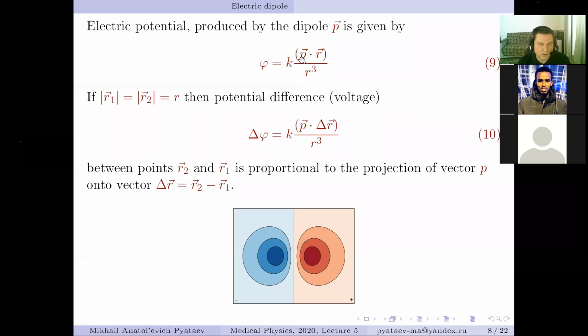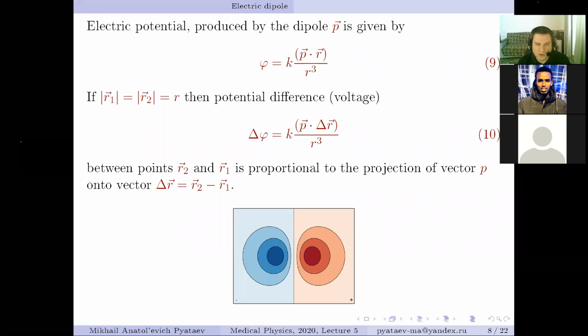So we can see the scalar product of vector p and vector r. p is electric dipole moment, r is radius vector. And the scalar product in the theory is a projection of one vector onto another.